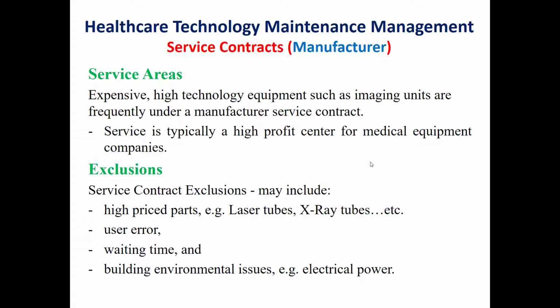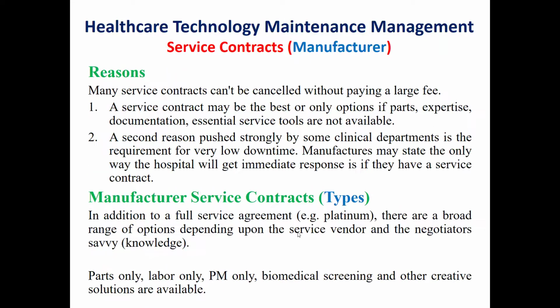For example, in the case of a 32 slice CT scanner, the X-ray tube cost will be around $75,000. Also, other exclusions include user error, waiting time, and building environmental issues such as the electrical power.